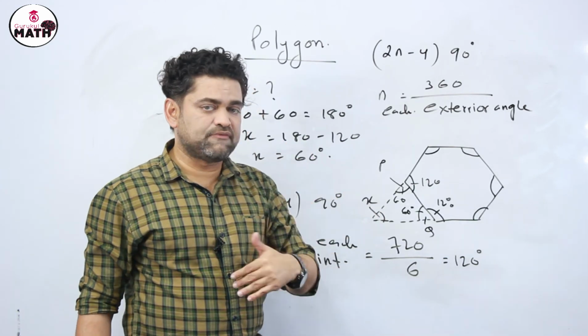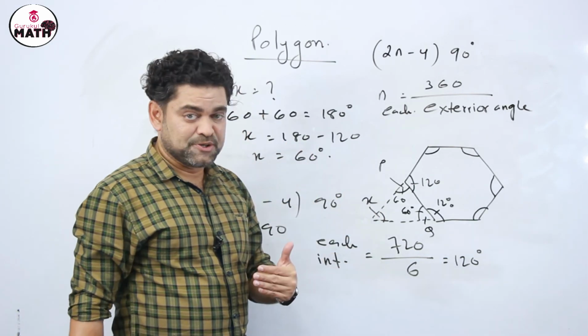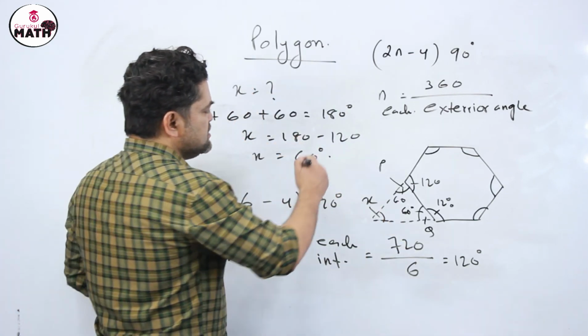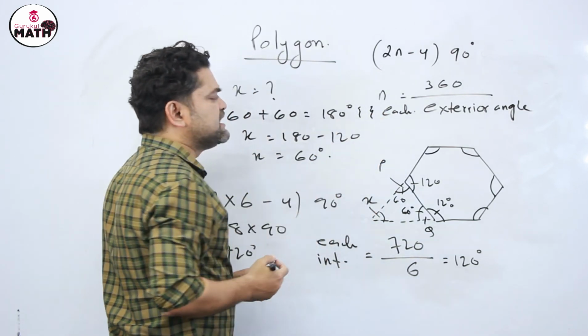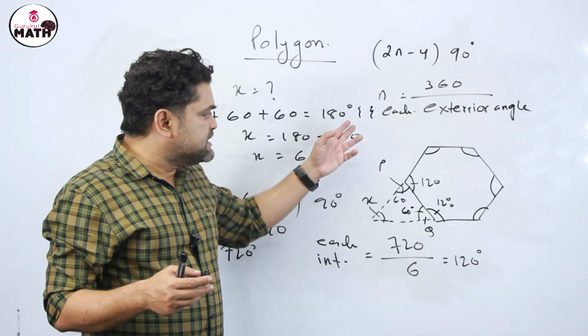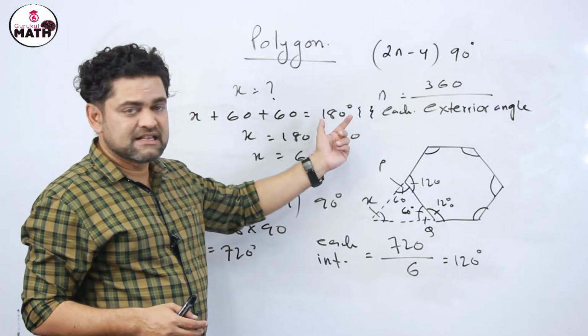So far you have come to know about it, I hope. So x plus 60 plus 60, I have written here 180 degrees. To make you understand, I'm writing the reasons in brackets, because inside the brackets there is a reason: you can write sum of the adjacent angles on a straight line.